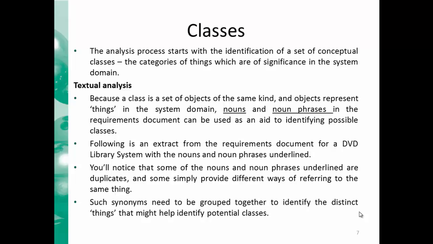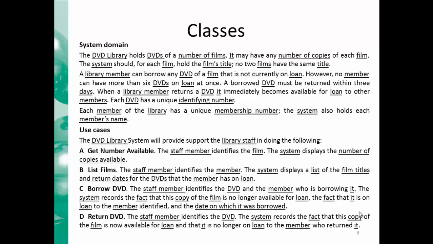Here we don't mean that every noun and noun phrase is a class. No, every noun or noun phrase is a candidate to be a class. We will learn how to identify our classes and reject the irrelevant classes in our text.